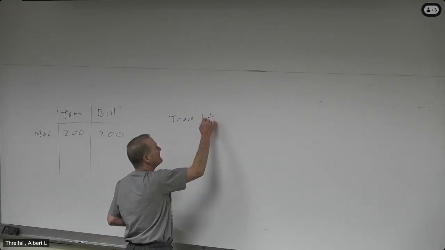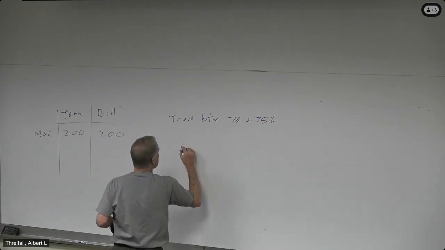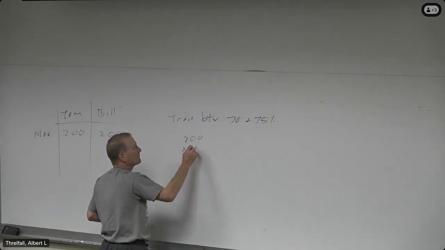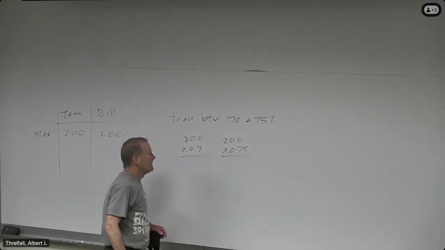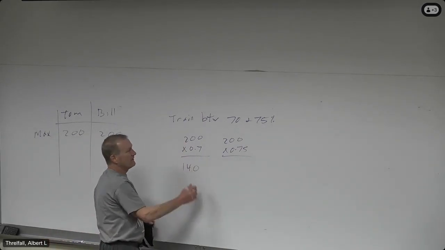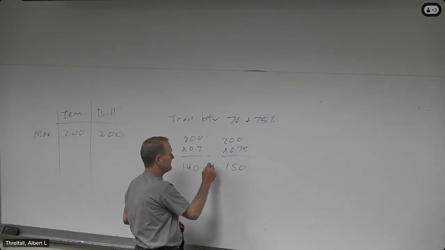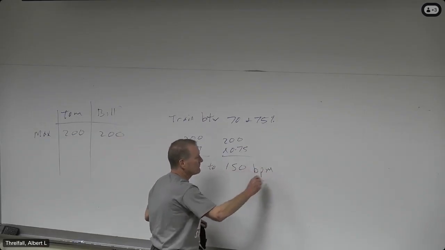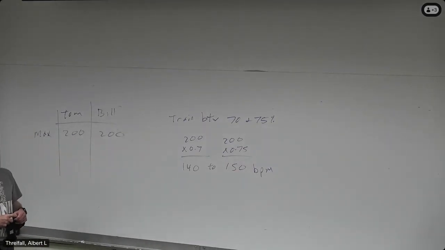They want to train between 70 and 75%. So 200 times 0.7 is 140, and 200 times 0.75 is 150. So they could go for their run or their swim or their bike and try to stay between 140 and 150 beats a minute. And that would be classic aerobic exercise.